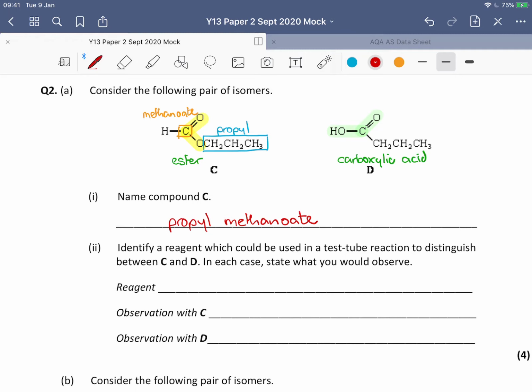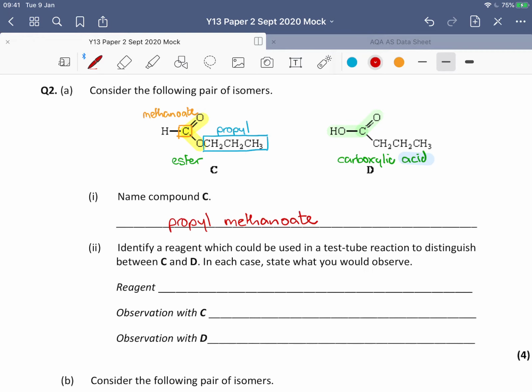If we think about what is the significant difference between these two compounds, it is that one's an acid and one isn't. One is a weak acid, one is not. So we should use a reagent that is going to show us that something is an acid and then something that isn't.